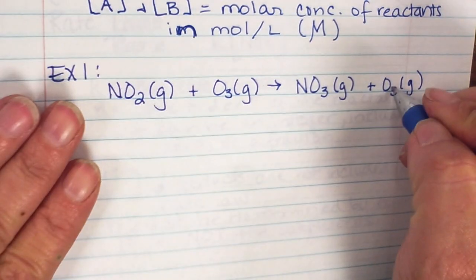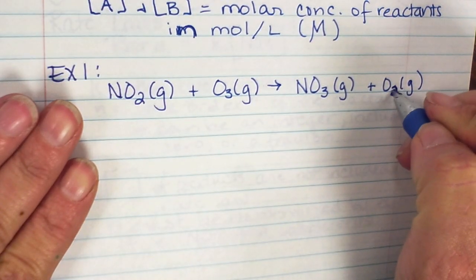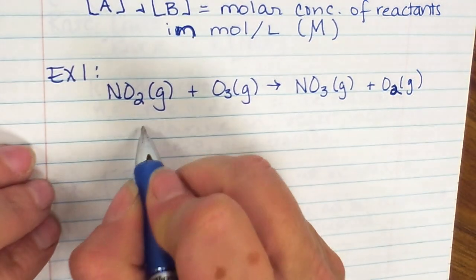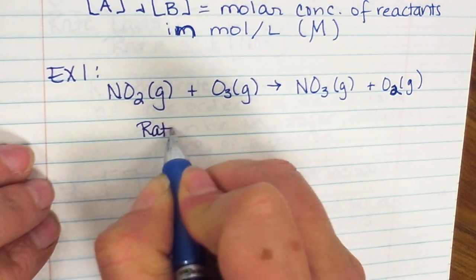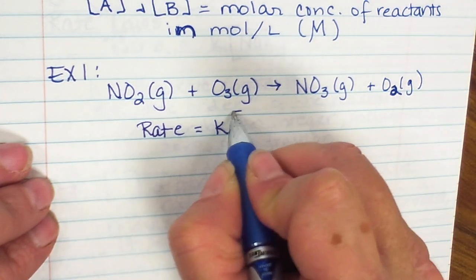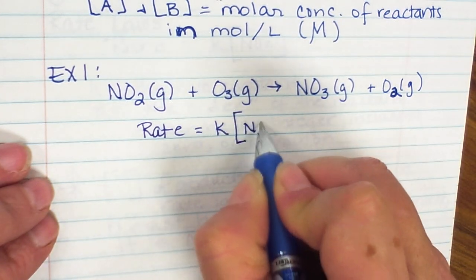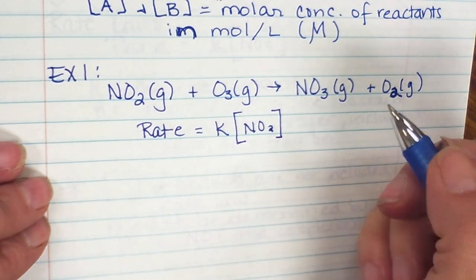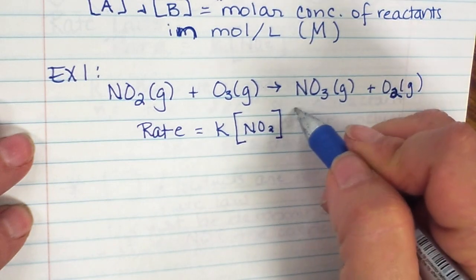O2, sorry, O2. There we go. All right, so my rate equation here is going to be the rate is equal to K times the concentration of NO2 times the concentration of O3.